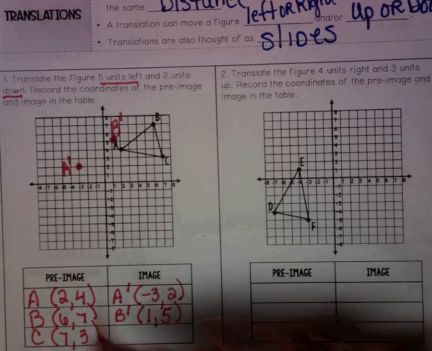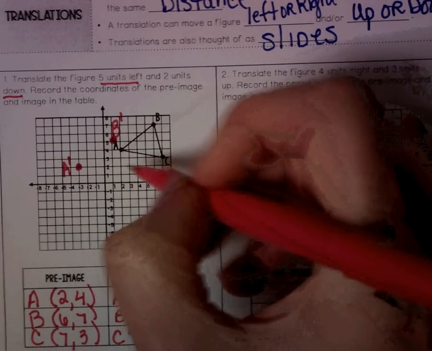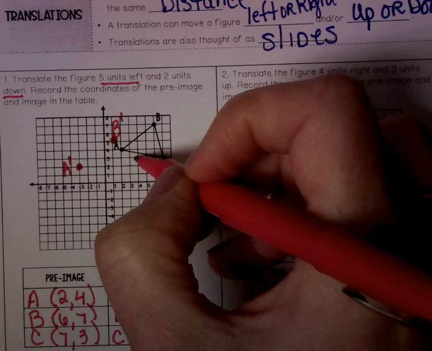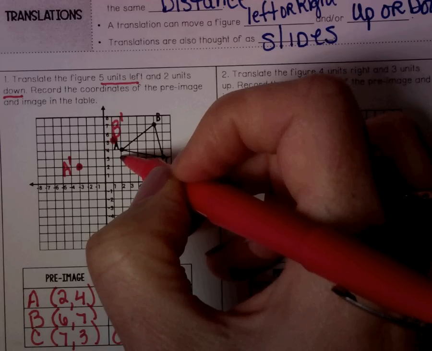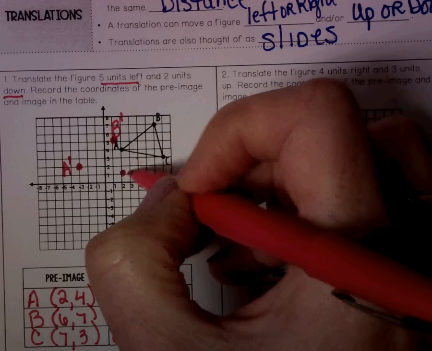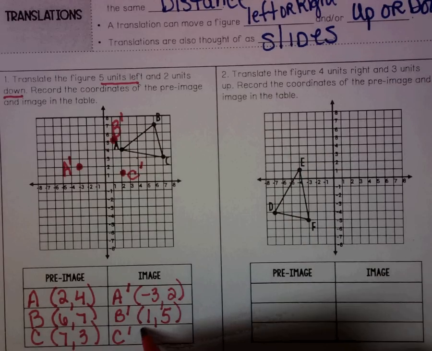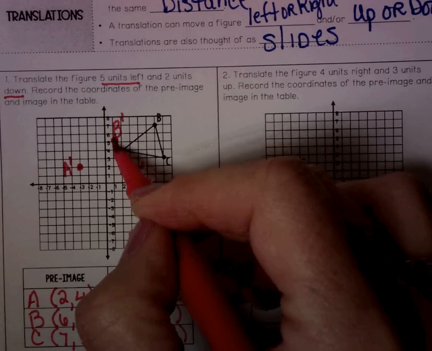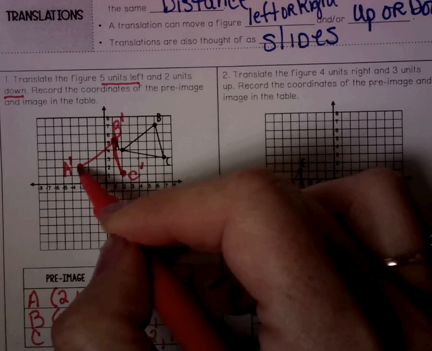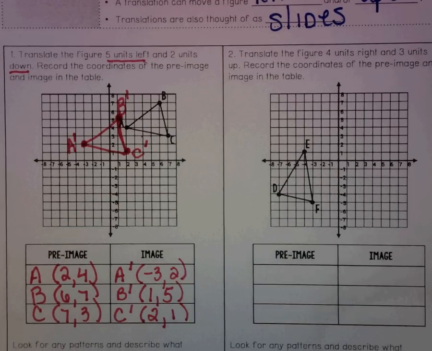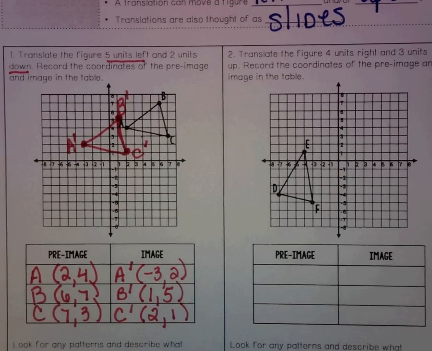Okay, now we need to do C prime. Let's go to point C, 5 units left, 1, 2, 3, 4, 5, 2 units down, 1, 2, C prime. And so now I'm at (2, 1). Okay, so here, oops, I didn't draw a straight line. Here's our new image. Okay, and we translated it. That's it. We just slid it over.